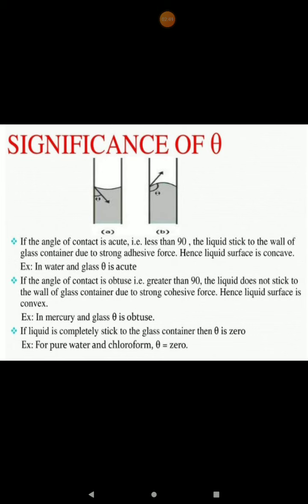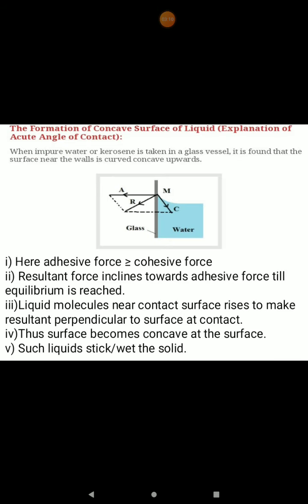If the angle of contact is obtuse, that is, its value is greater than 90 degrees, the liquid does not stick to the glass and here cohesive force is greater and hence the liquid surface is convex. For example, mercury and glass, the angle of contact is obtuse. Now if the liquid completely sticks to the glass, then the angle of contact is 0. For example, pure water and chloroform, here theta is 0.